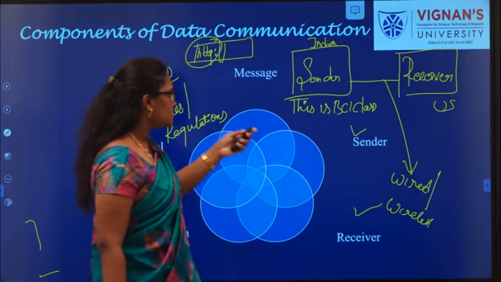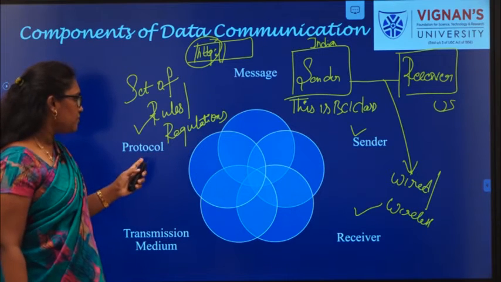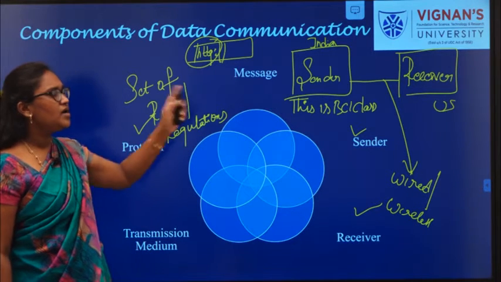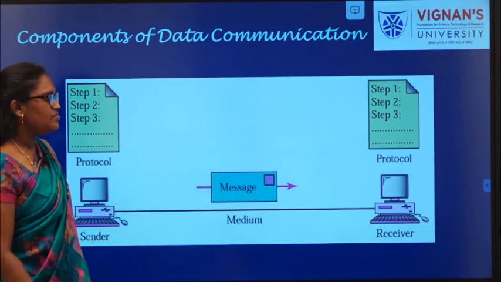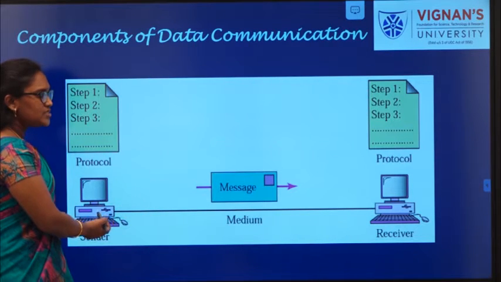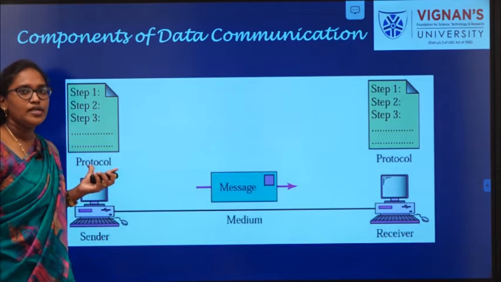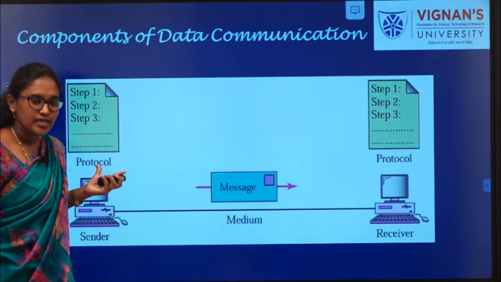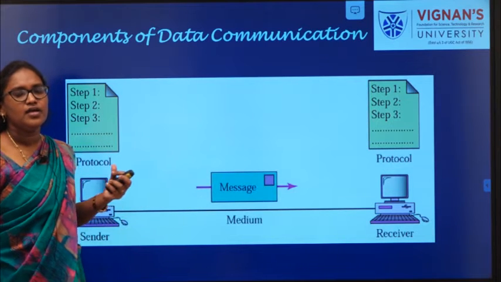So these 5 are the basic components: sender, receiver, protocol, transmission medium and message. If you observe this diagram, you will understand both sender and receiver need to have a protocol in order to exchange the data in networks. This is a very basic principle in networks.